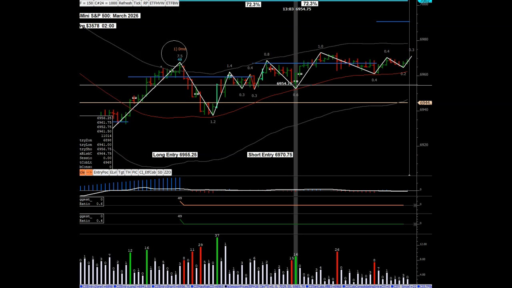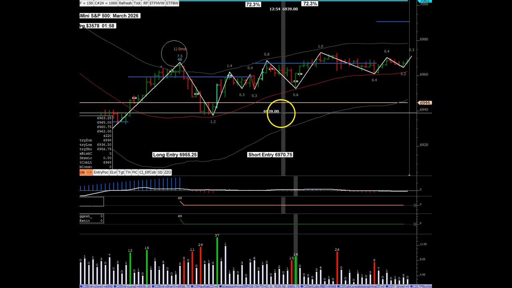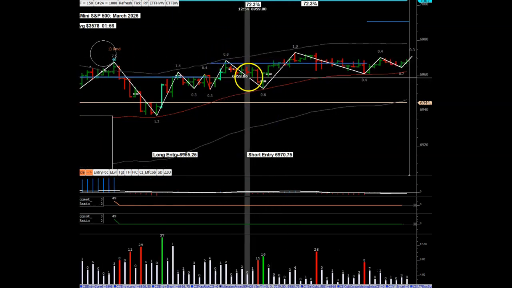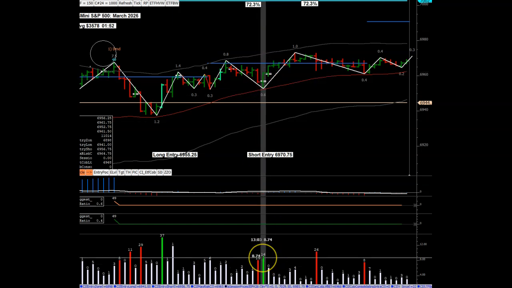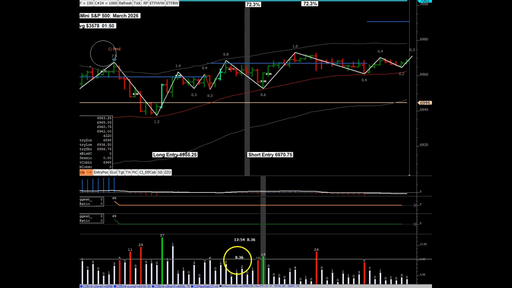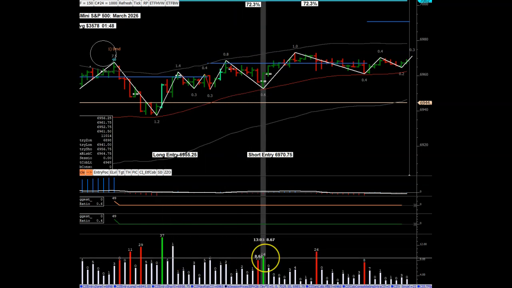Here though, when it pulls back, right here, is the biggest in 16 bars. So that's a trigger. Again, that's a trigger. Why? It's biggest in 16 green bars.